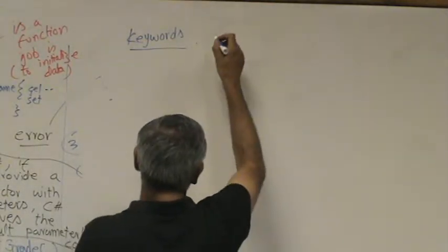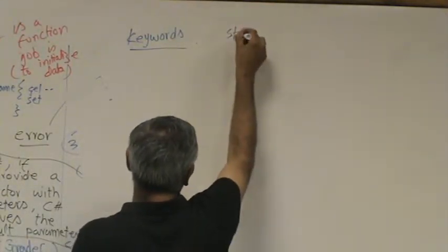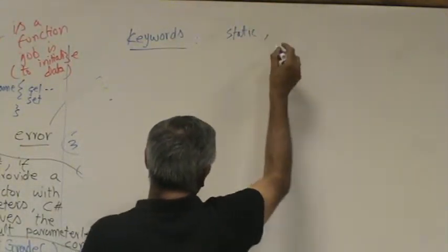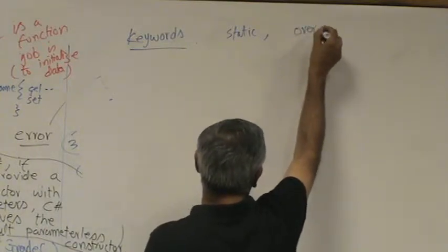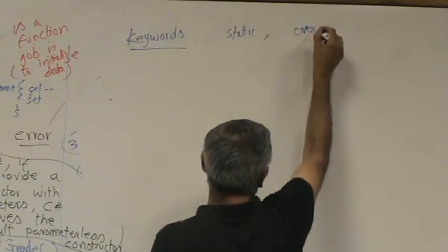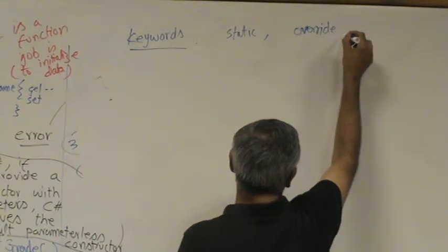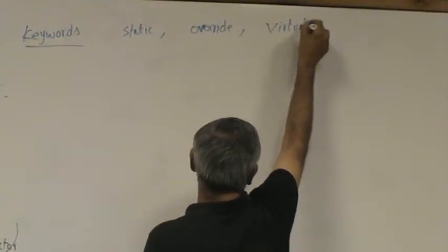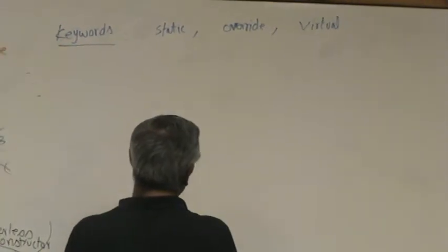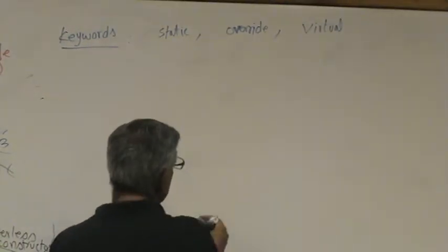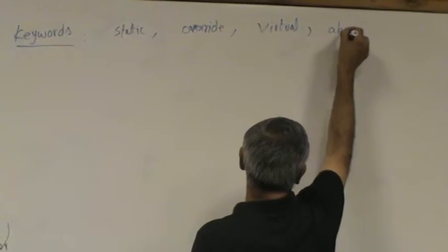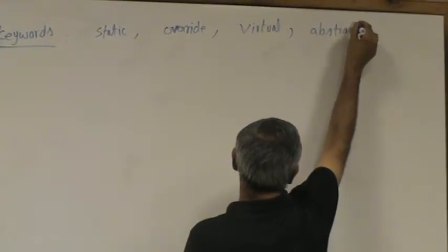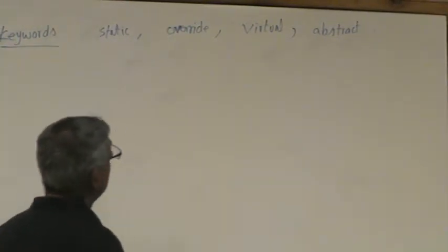Okay, the keywords go something like this. There's a static keyword. There's an override keyword. There is a virtual keyword. Okay, and there's an abstract keyword. So static, override, virtual, abstract.